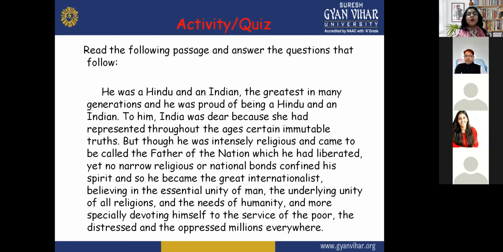But though he was intensely religious and came to be called the father of the nation which he had liberated, yet no narrow religious or national bonds confined his spirit, and so he became the great internationalist, believing in the essential unity of man, the underlying unity of all religions and the needs of humanity, and more specially devoting himself to the service of the poor, the distressed, and the oppressed millions everywhere.